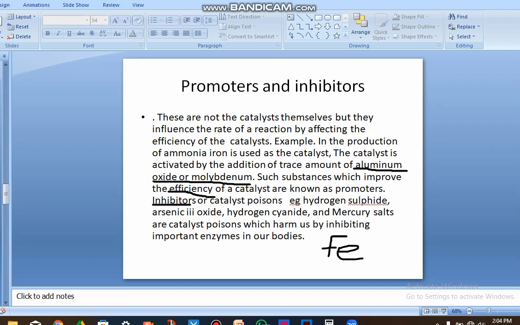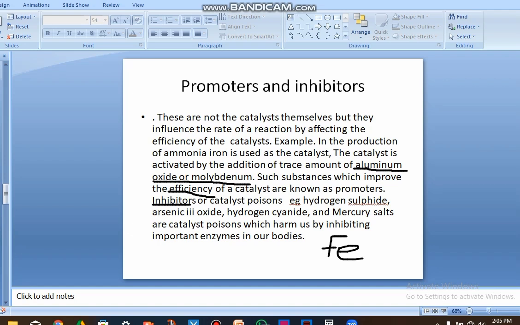enzymes in our body. That's why foods that contain mercury salt are not that good for our body system. So mercury salt, they have different types of these substances.